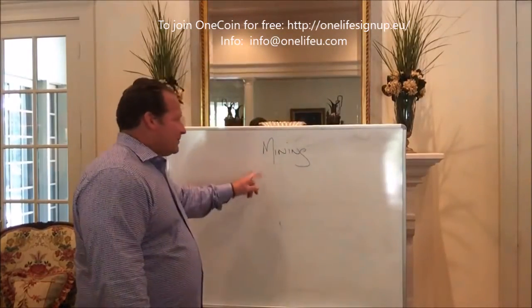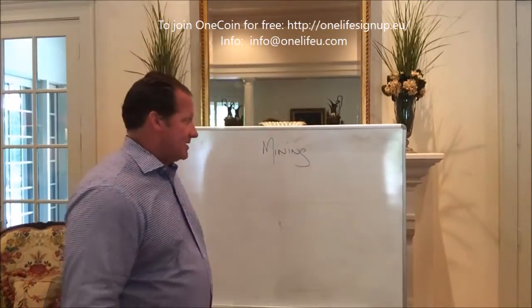So mining is, by definition, the process of bringing digital currency into existence or into circulation where people can use it. Now, here's the benefit to being a miner: you get it at a discount. In some cases, like with Bitcoin, you can use raw power and your own computer servers.